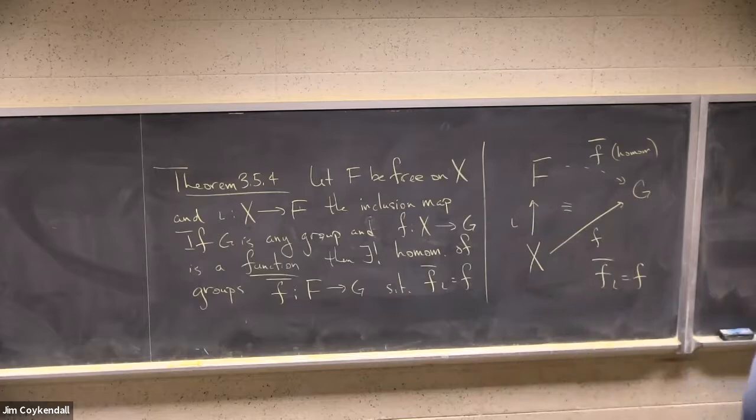Now, you've seen this kind of thing before in linear algebra, as a matter of fact, right? Because one of the things you first learn when you do these computations in linear algebra is that a linear transformation is determined by what happens to the basis. So if you want to build a linear transformation from R3 into R3, just take a basis, e1, e2, e3, and tell e1 where to go, tell e2 where to go, and tell e3 where to go, and that completely determines the linear transformation, right?